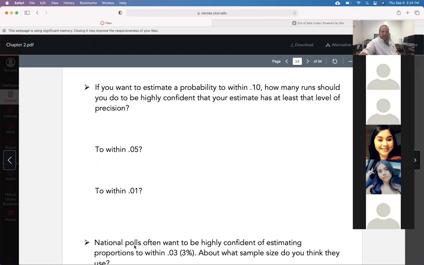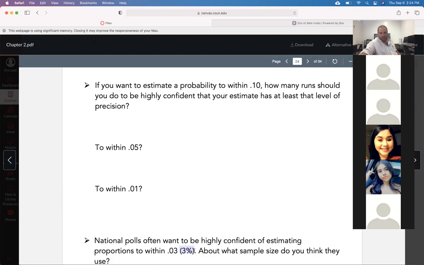Now, national polls, like for example, who's going to win the coming election, usually have an error of 3%. They want to be certain that whatever value they have is within 3%.